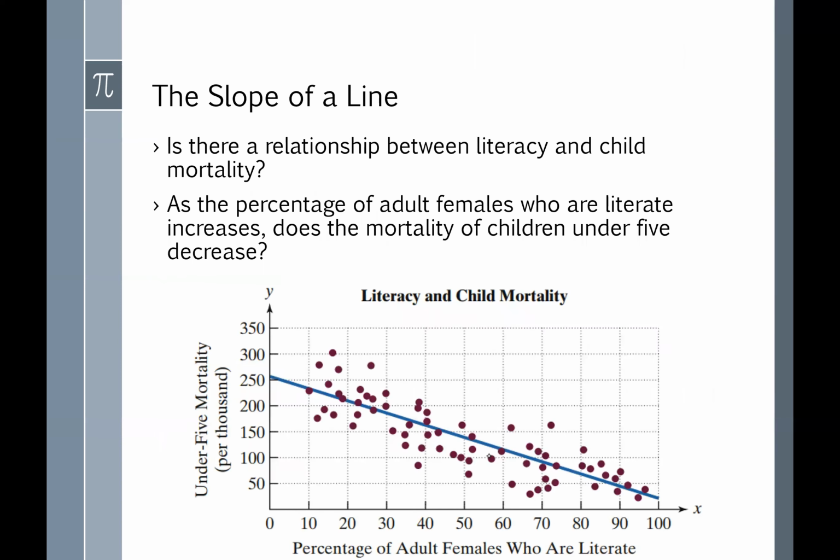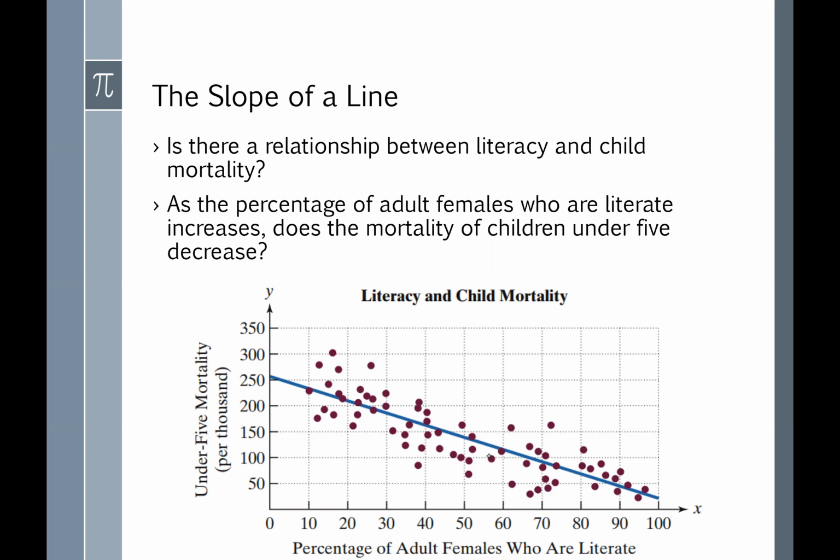All right, so this is an example of you, a researcher, taking data. So you get a bunch of data that compares the percentage of adult females who are literate versus the infant mortality rate. And I'm not sure the context of this information.